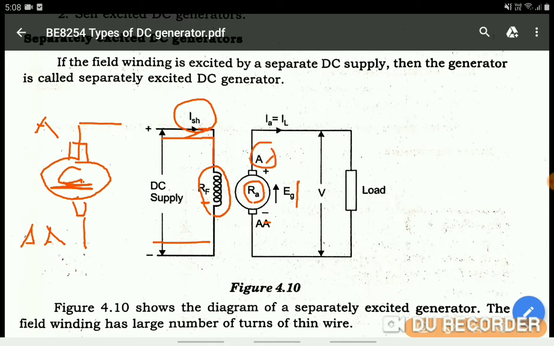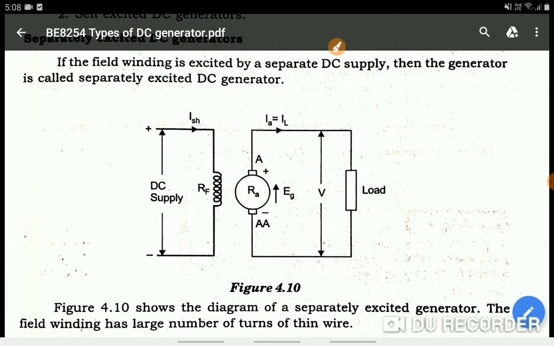That's why it's the shunt field current. Then the current flowing through the armature is IA, the armature current. This armature is connected to the load. That's why both carry the same current, meaning armature current is equal to load current. This is what is given in the circuit diagram.